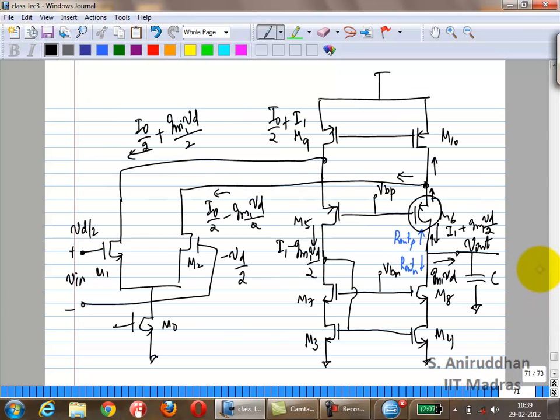What about the non-dominant poles? What all nodes do you have poles at? So let me start naming these, similar to what we did for the other one.